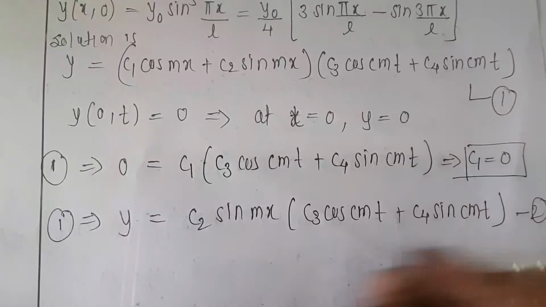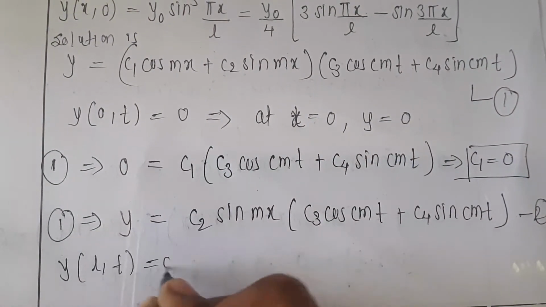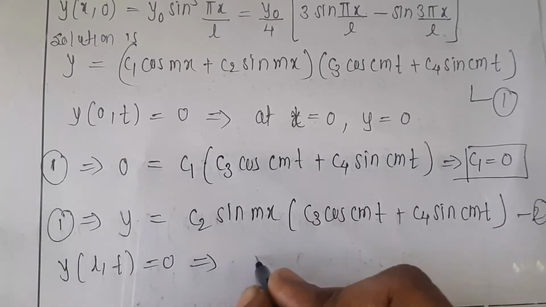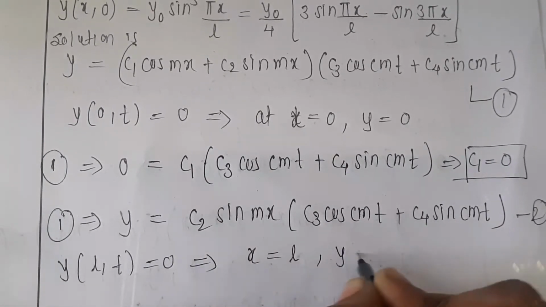Now the next condition is y of L,t is equal to 0. Y of L,t is equal to 0 means that at x is equal to L, y is equal to 0.